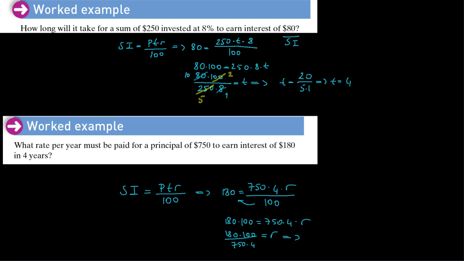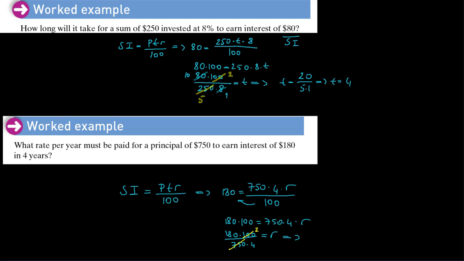Which means that 750 and 100 are both divisible by 50, so this is going to be equal to 2, and here this is going to be 15.